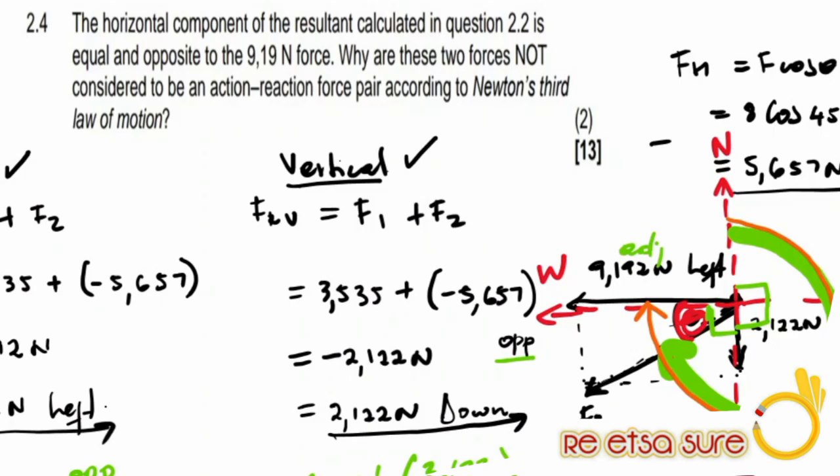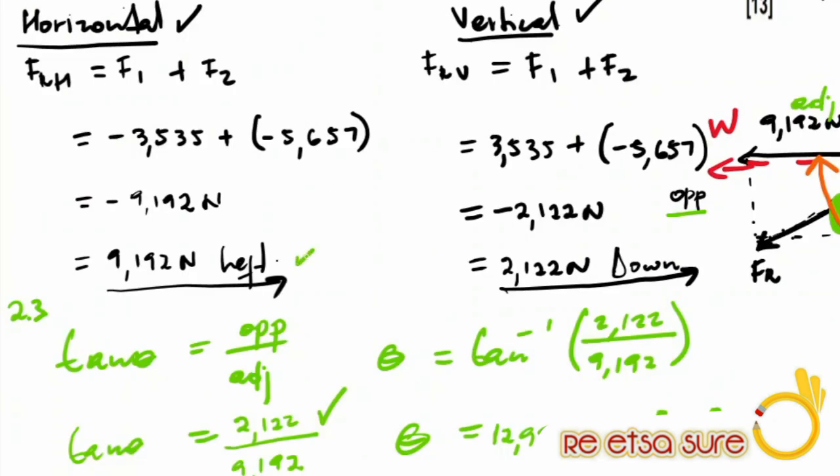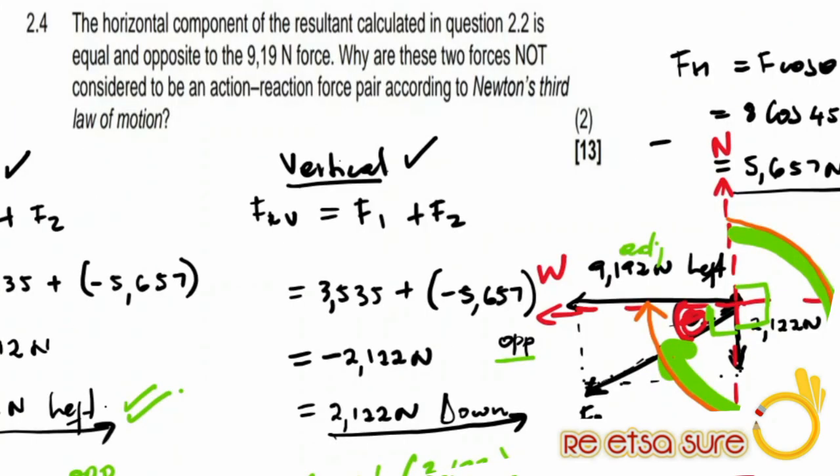Yes, is this one. 9,192 is because we were rounding off our answers. It is similar.